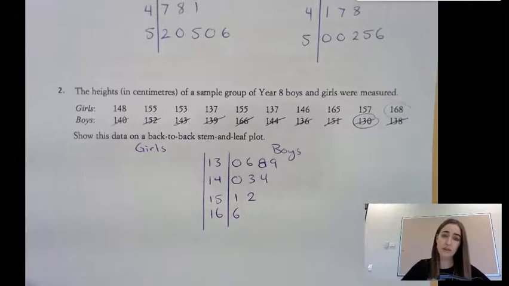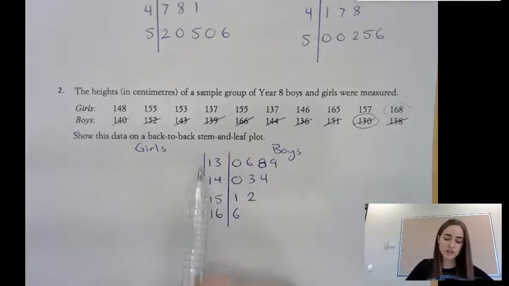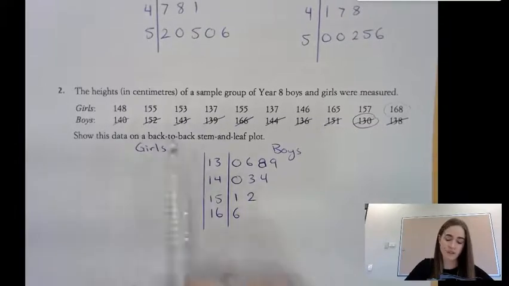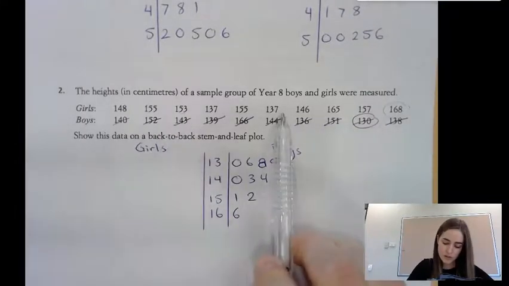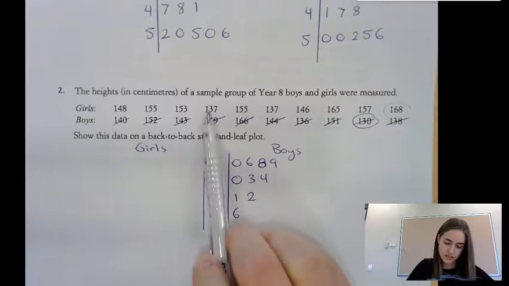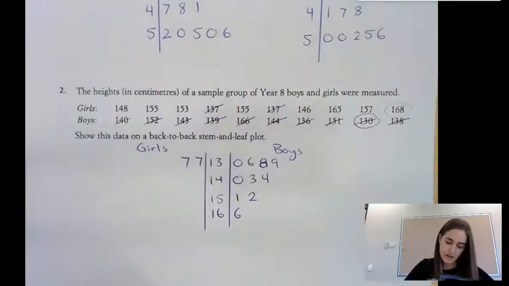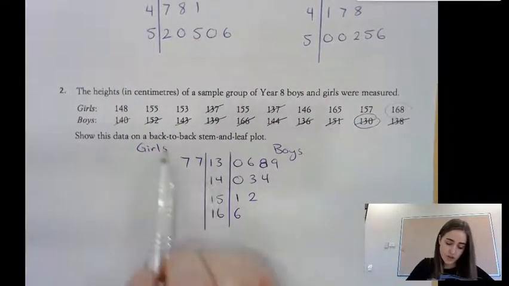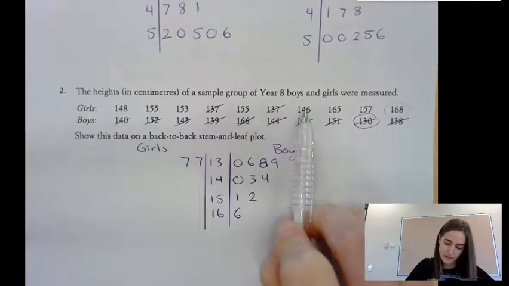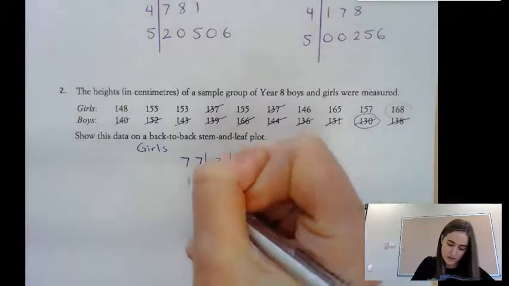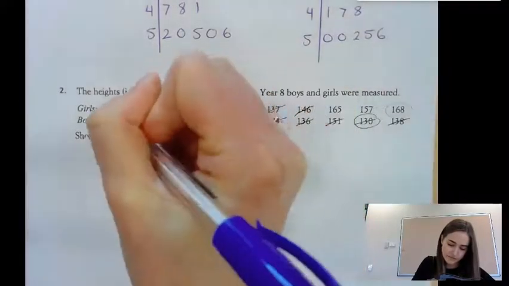Now I want to do my girls. With the girls, we're still going to start with our smallest numbers right up next to the stem and work out. So our smallest number in the girls is 137, and I've got 2 of those. In my 140s, I've got a 48 and a 46, so my 6 goes here and my 8 goes there.